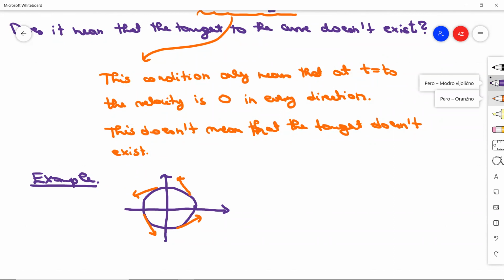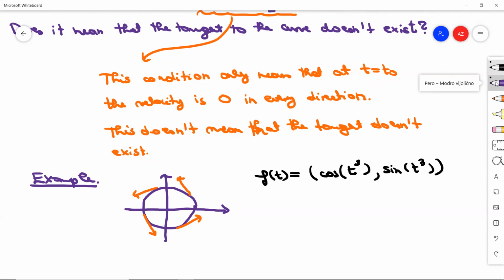However, if we travel along the circle with respect to this parameterization, f of t is, for example, cosine t cubed and sine t cubed, for t between 0 and 2 pi. Last time we had this. Let's calculate f derivative of t.